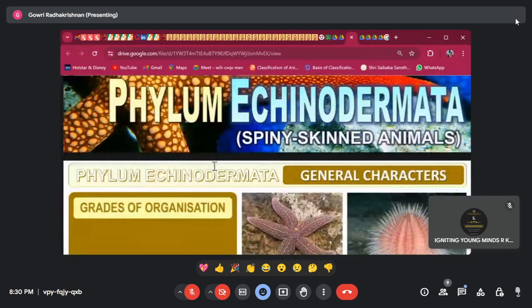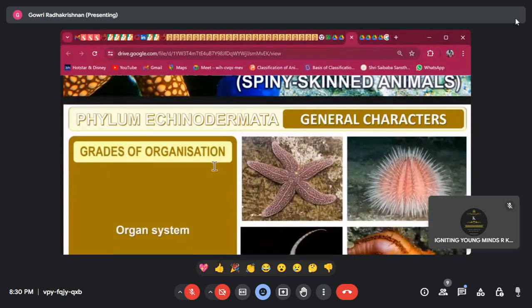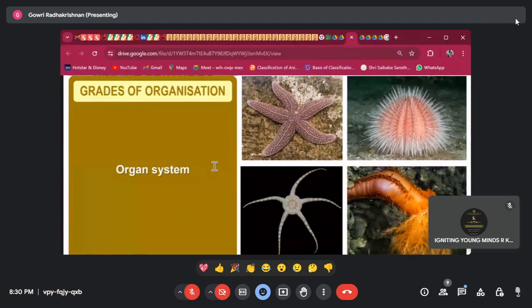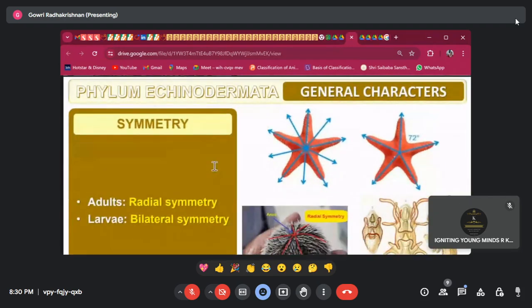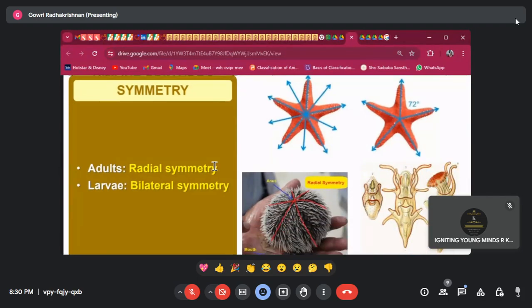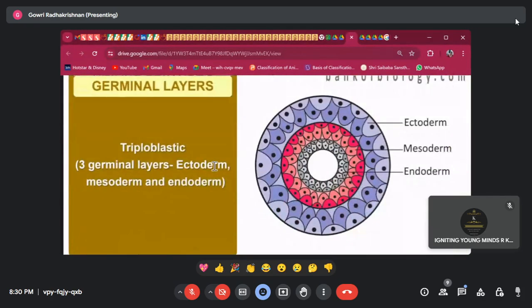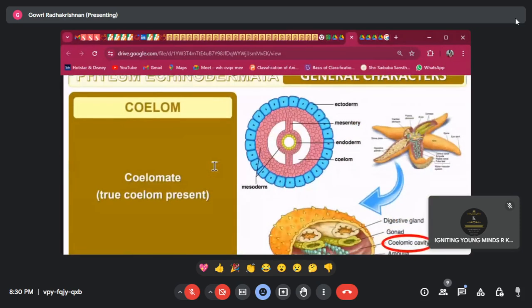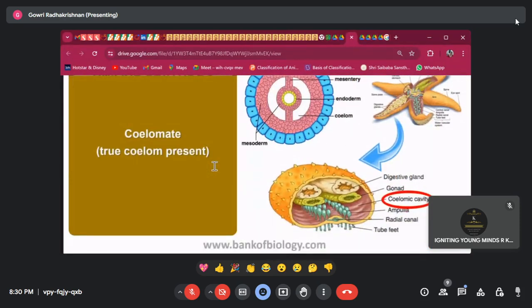Next is the echinodermata. Spiny skinned animals. Grades of organization, organ system. Symmetry is radial in adults, bilateral in larval stage, triploblastic, true coelom present.